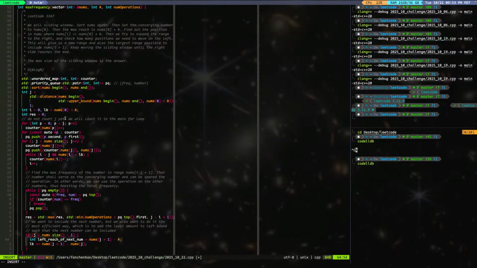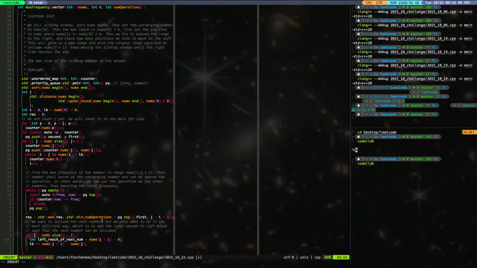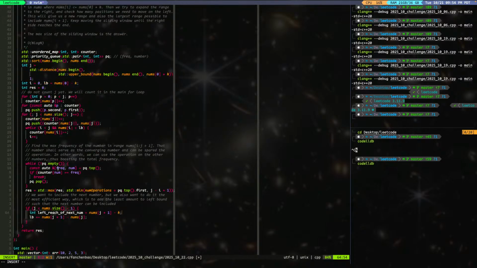Rest is going to be 0, and then the left bound is 5, that's negative 37, right? And then we compute this, and then the counter. So j is 0, and i is not smaller, and the PQ is not empty, and it's equal so we break.